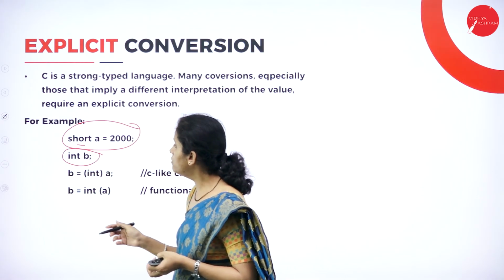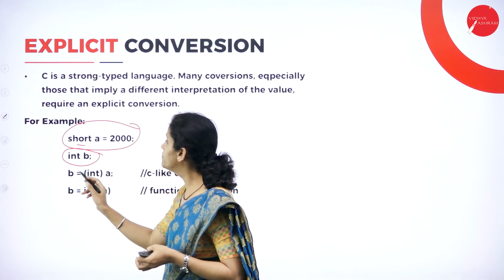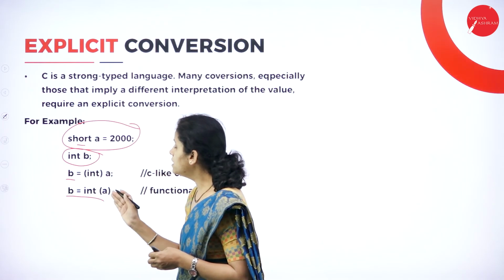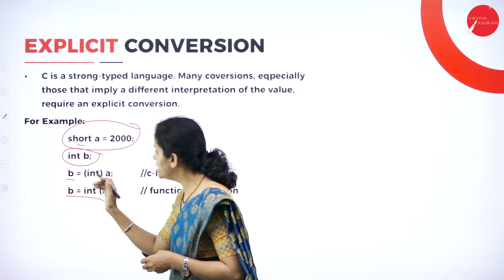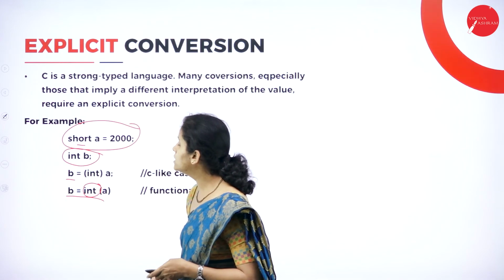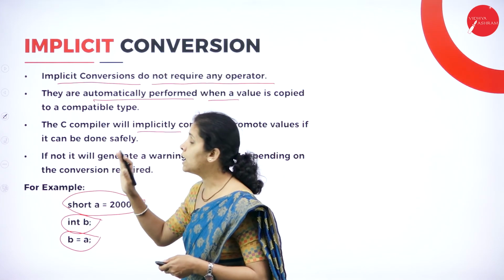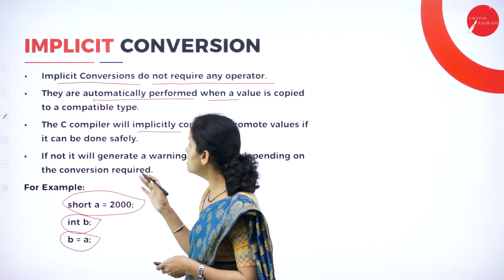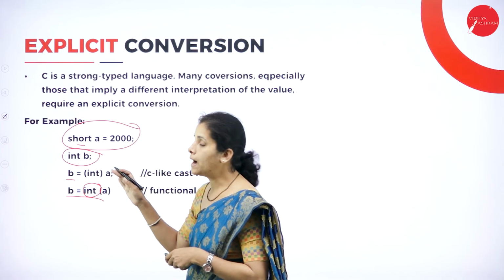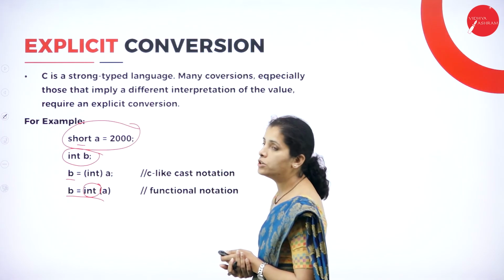Now I'm going to convert, that means forcefully I'm going to convert short to int. So here, forcefully once again, I'm going to convert short to integer. For that reason here I'm going to write int. But if I go with the previous example, the compiler itself is going to convert the types. But here manually I'm going to convert the type and this kind of conversion is known as explicit conversion.